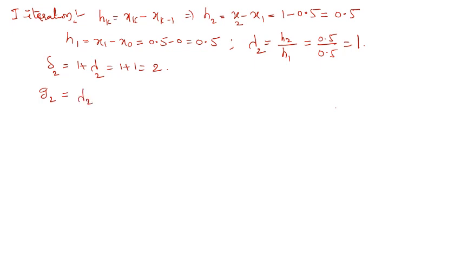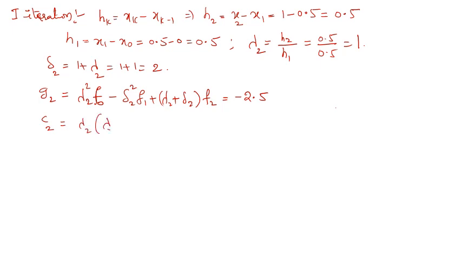In the formula substitute k equal to 2, then lambda 2 square into f0 minus delta 2 square into f1 plus lambda 2 plus delta 2 into f2. You know all these values. Substitute, you will get minus 2.5. Next c2 value, lambda 2 into lambda 2 f0 minus delta 2 f1 plus f2. This value after substituting is 0.75.